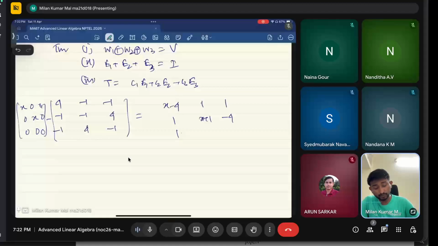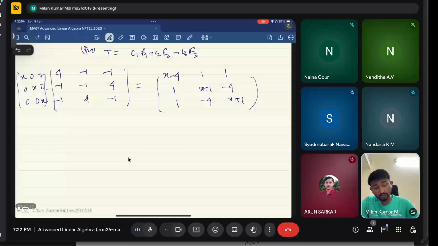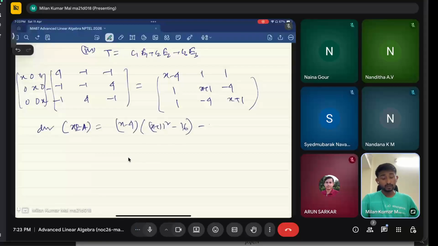So I have to find the determinant of this. The determinant of xI minus A is x minus 4 times ((x plus 1) squared minus 16). This is the first thing, minus 1 corresponding to this entry, and so on. I hope I am doing it correctly.